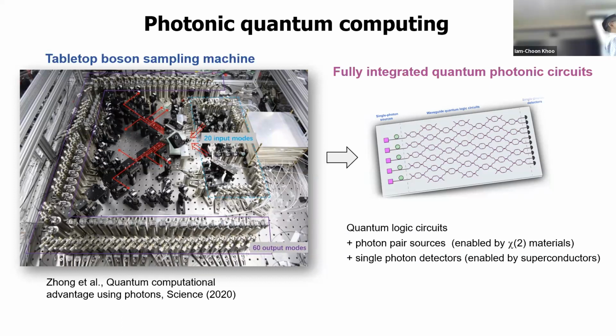This is a boson sampling machine built by Jianwei Pan's group at the University of Science and Technology of China. What you see over here involves 20 optical input modes and about 40 to 60 optical output modes.